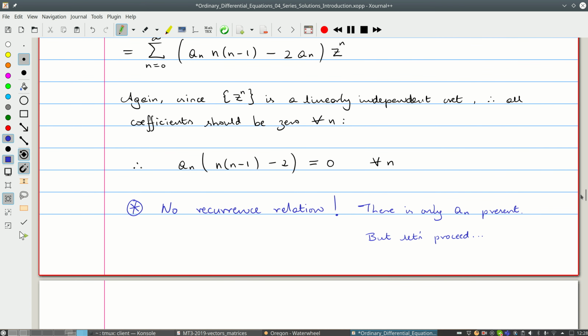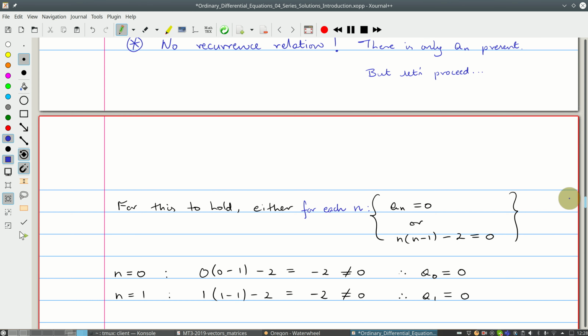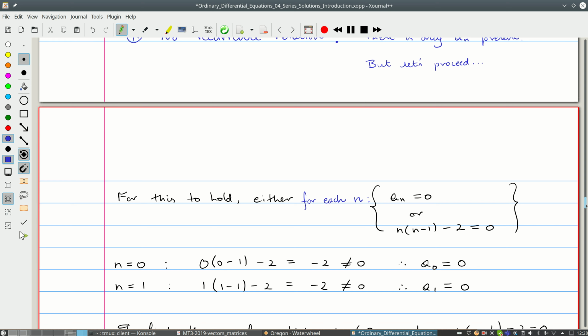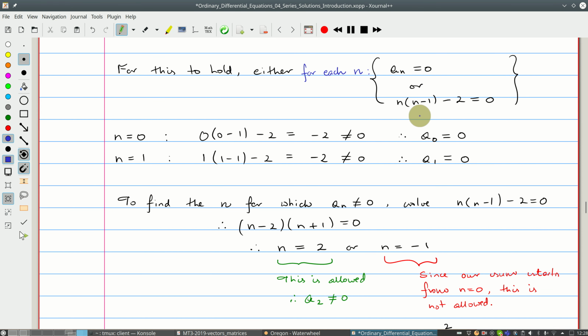Instead, we got a condition such that for each n, either the coefficient an is 0 or this thing is 0. And what we found is that there are two possible n values for which this is 0, and therefore there would be only two non-zero terms in that power series. All the rest would have 0 coefficients.